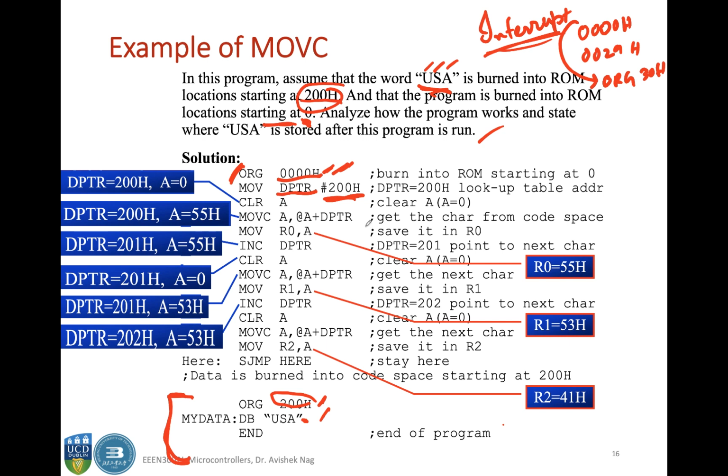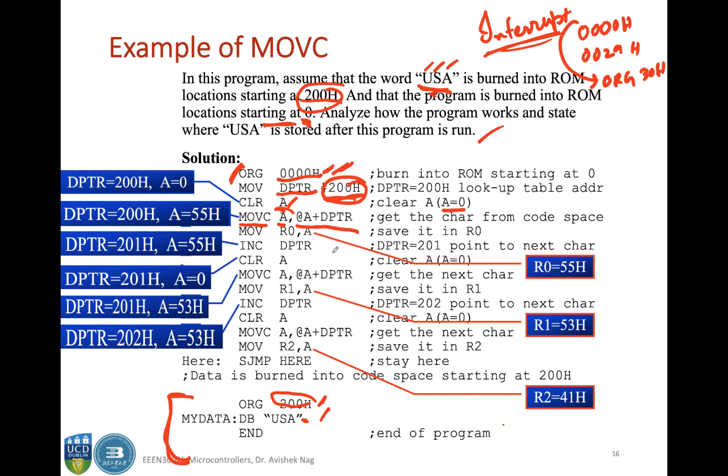Okay, let's analyze this code. We have DPTR which is loaded with 200H. So this is the initial address. We are clearing the accumulator to 0, and then MOVC A, @A+DPTR means that you are adding 0 with 200, and whatever is there in the 200 memory location, that is brought to your accumulator.